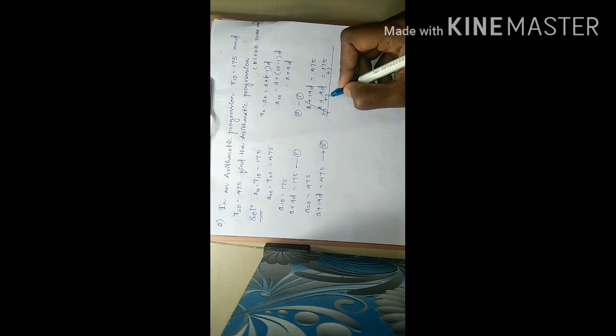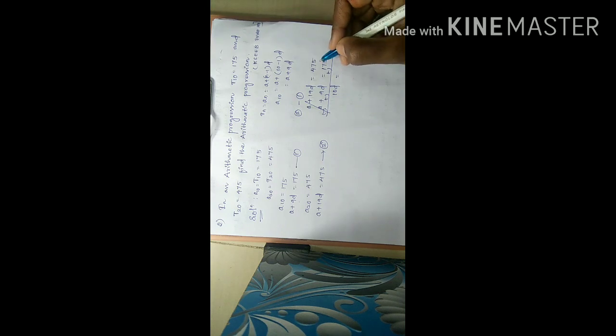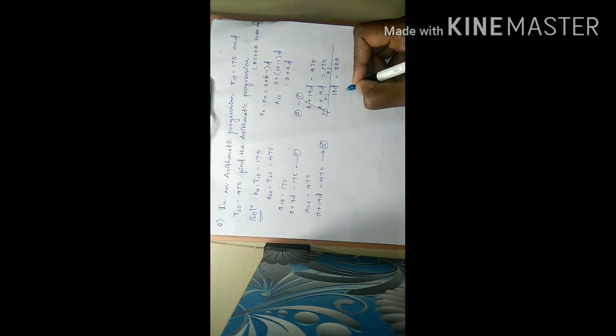19D minus 9D is 10D is equal to 475 minus 175 is 300. So now your D is equal to 300 divided by 10. So D is equal to 30.